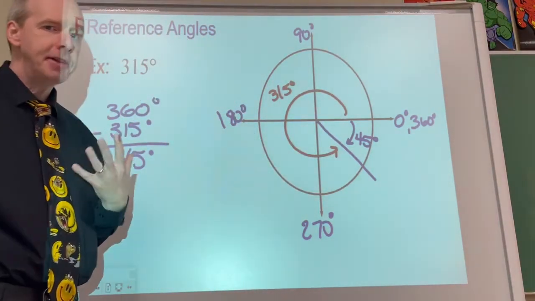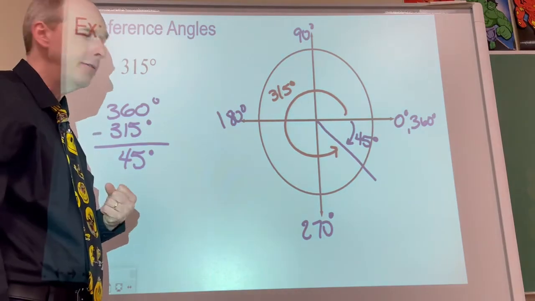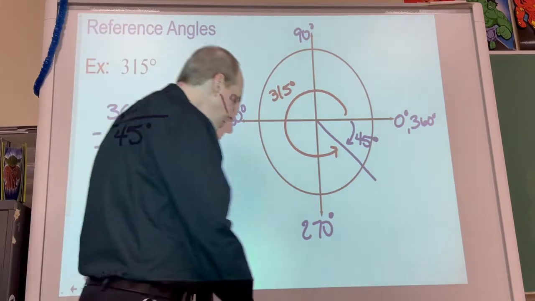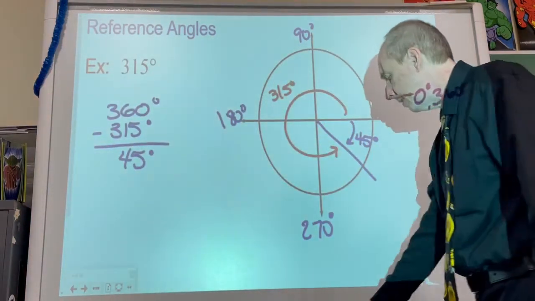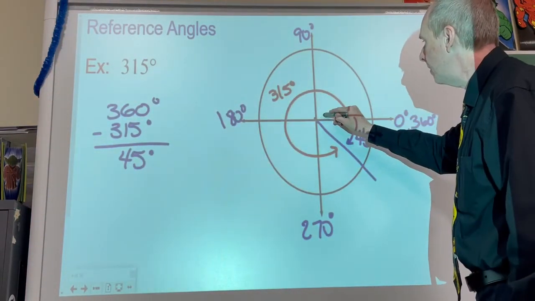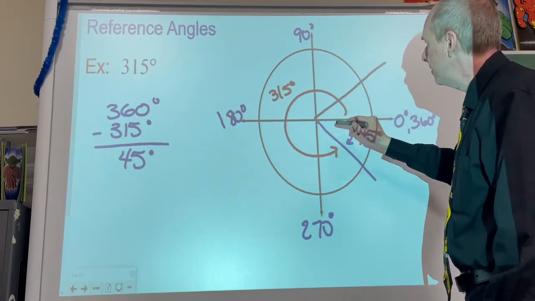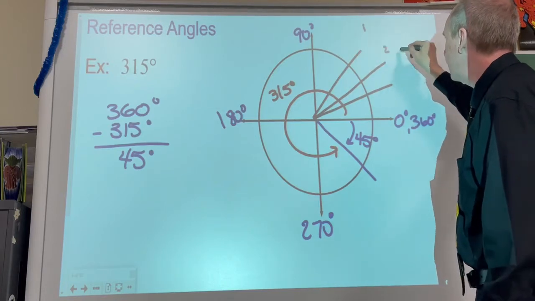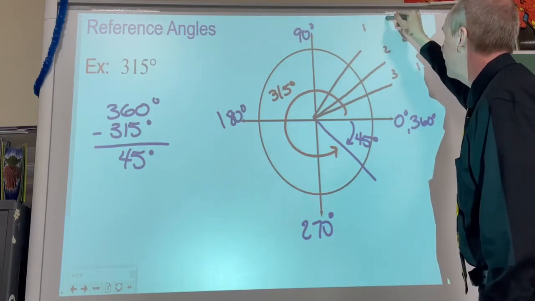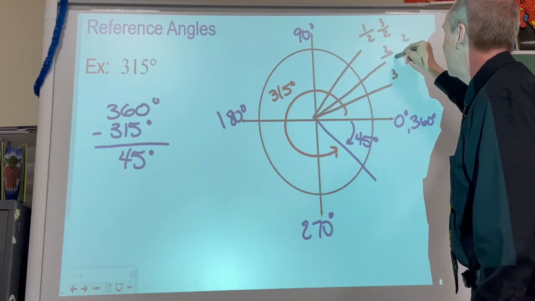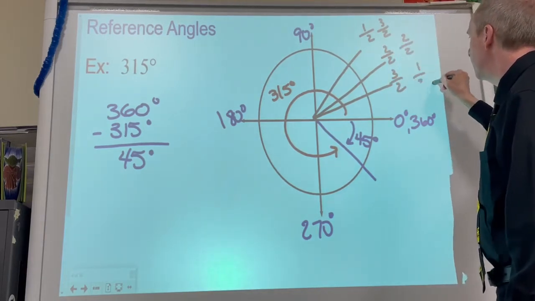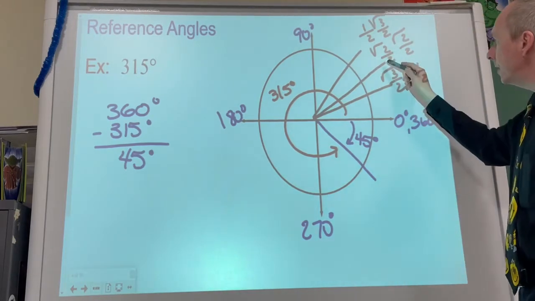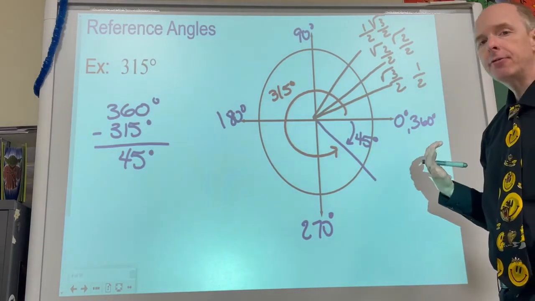Whether I look at the cosine of 315 degrees or I look at the cosine of 45 degrees, I'm going to get the same answers. So it all comes down to these answers that we have, right? What's 45 degrees? Well, we've got 30, 45, and 60, right? 1, 2, 3, 1, 2, 3. So look at your answers for 45 degrees. Here they are, radical 2 over 2 and radical 2 over 2.